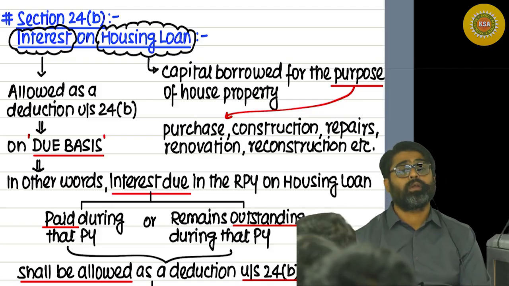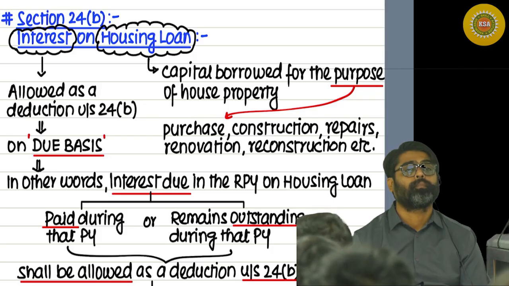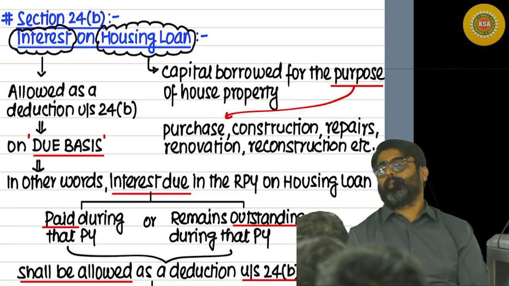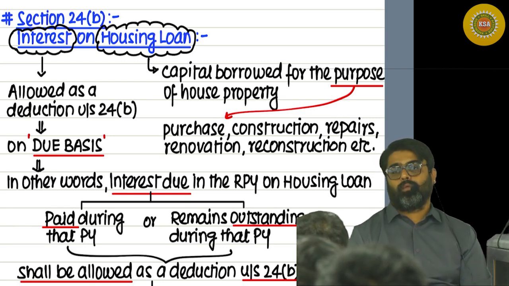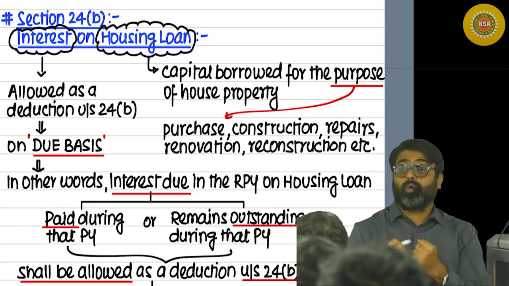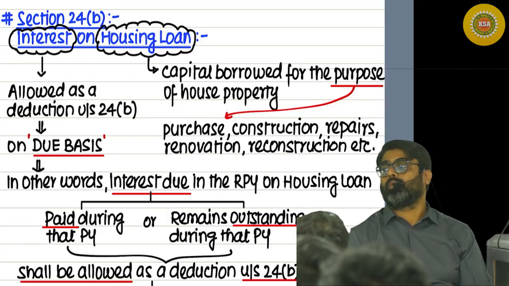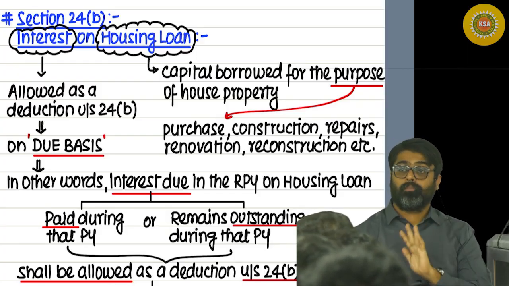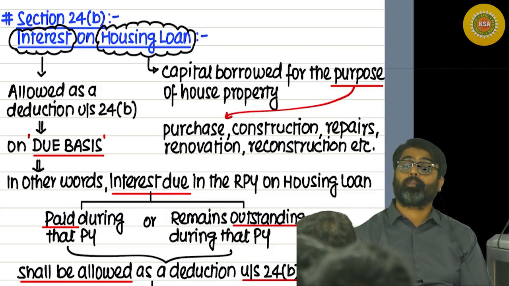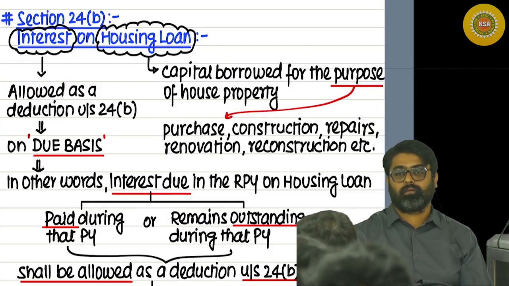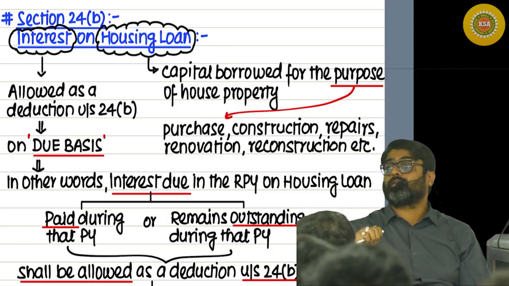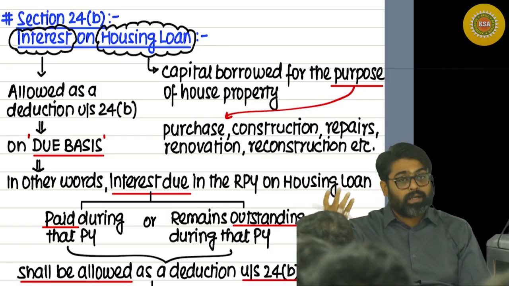Yes, sir. What is housing loan? Housing loan means capital which you borrow, means loan which you borrow for the purpose of house property. For the purpose of house property. What purpose? Construction, purchase, repairs, renewal, reconstruction.